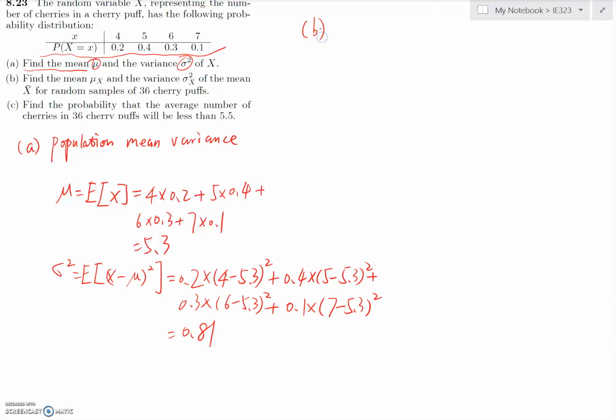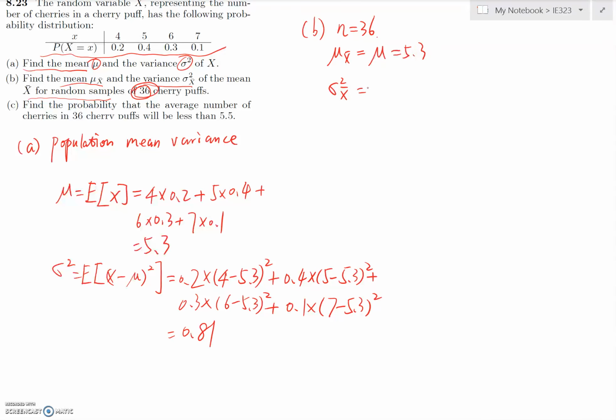And for the second problem, find the mean mu x bar and the variance sigma x bar squared of the mean x bar for a random sample of 36. So now we have the sample size of 36. We want to find mu x bar and sigma squared x bar. So mu x bar should equal mu, so it's 5.3.